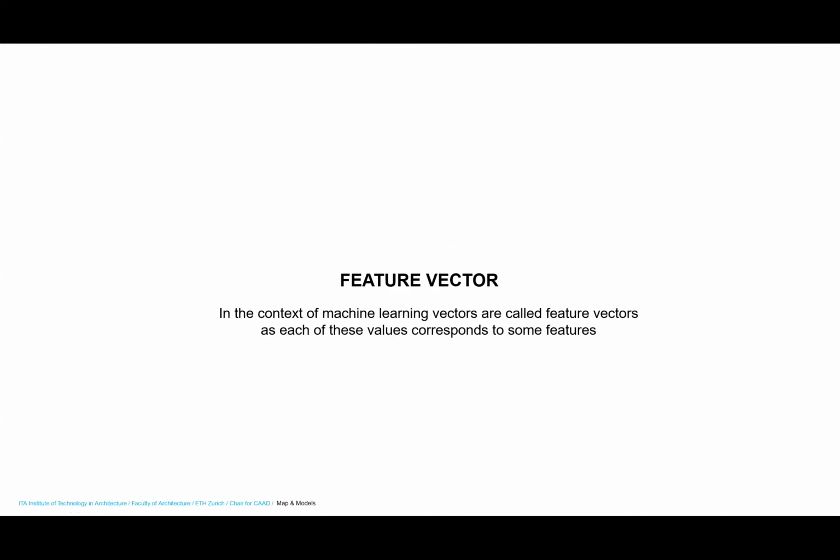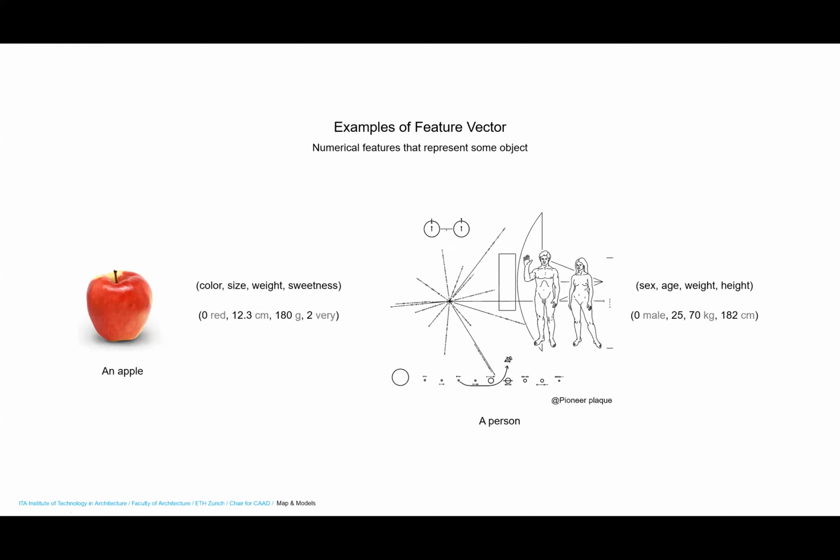The second would be the feature vector. In the context of machine learning, which we've introduced a lot in the previous lectures, vectors are also called feature vectors, because each of these values corresponds to some feature. Here I can make a very simple example. On the left, we have an apple. Considering how we can describe an apple, we can say we have color, size, weight, and, for example, how sweet an apple is.